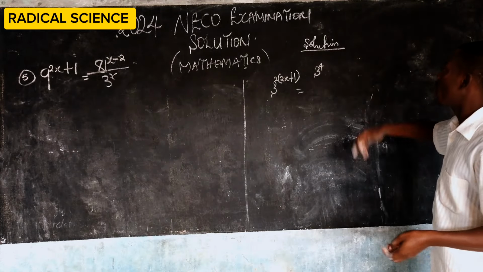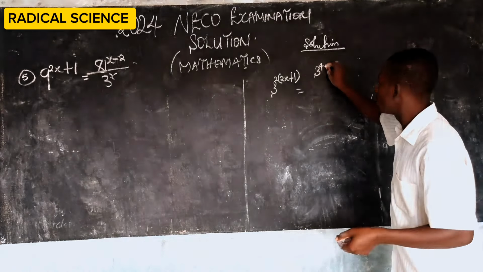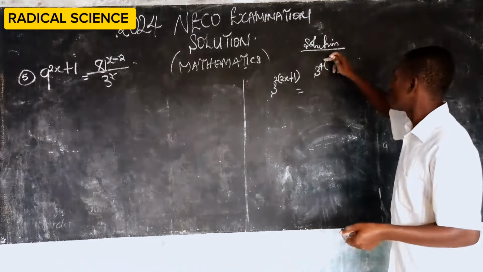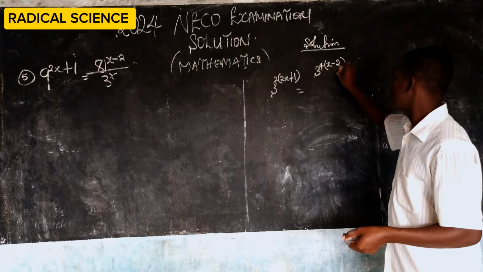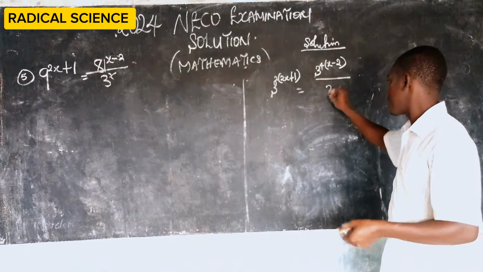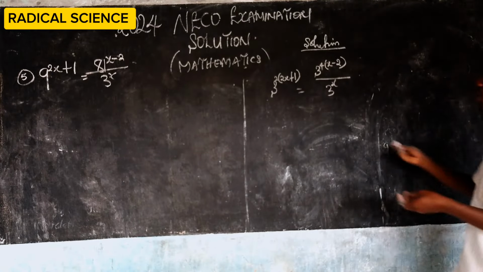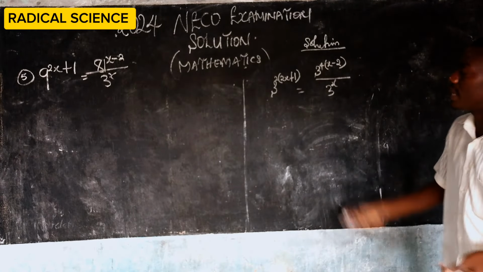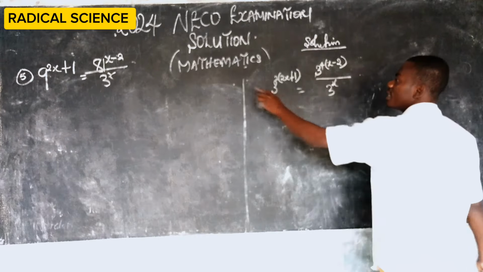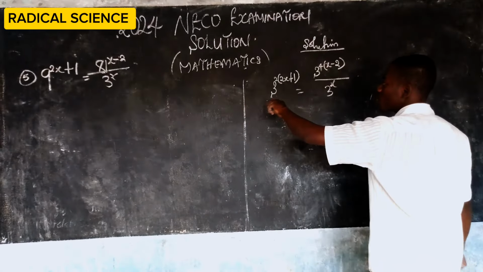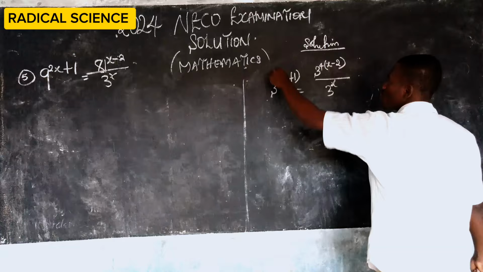If you keep on raising, you will understand that 3 raised to power 4 is 81. I will have this divided by 3x. Now, at this point, all of them are in the same base. Remember that from 9 I got 3 raised to power 2.